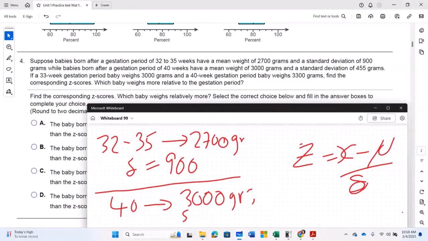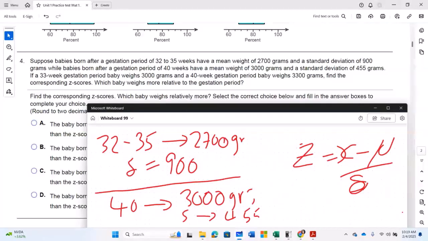Babies that stay more than 40 weeks in the stomach have a standard deviation of 455. Okay, the question here is, if a 33-week gestation period baby weighs 3,000 and a 40-week gestation baby weighs 3,400, find the z-score.